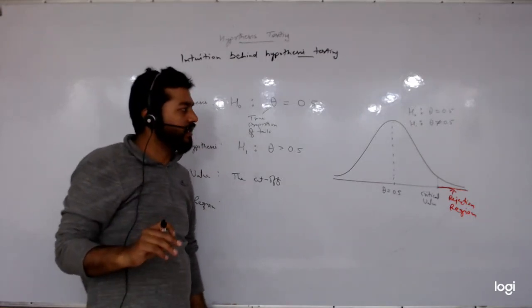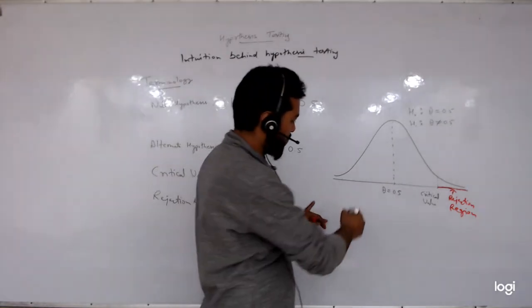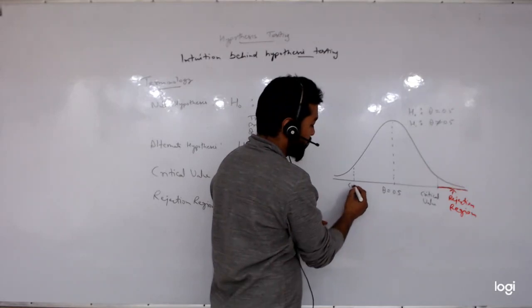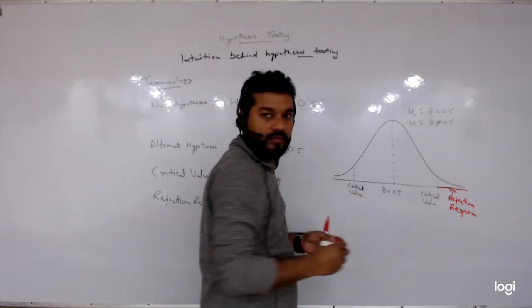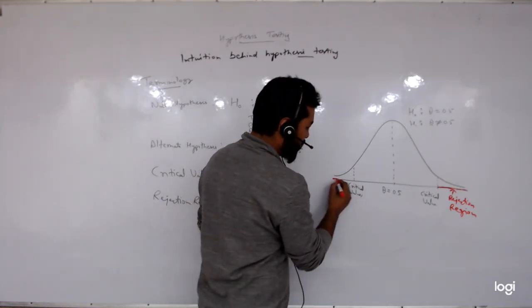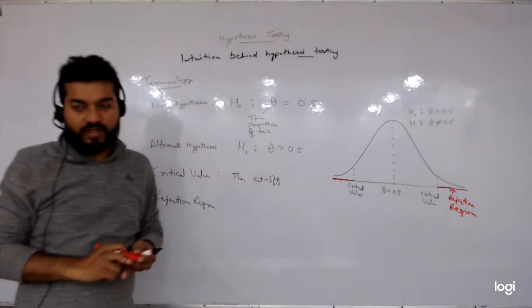Now this is checking for bias in general. Then what do we have? We would have two critical values and two sections of the rejection region.